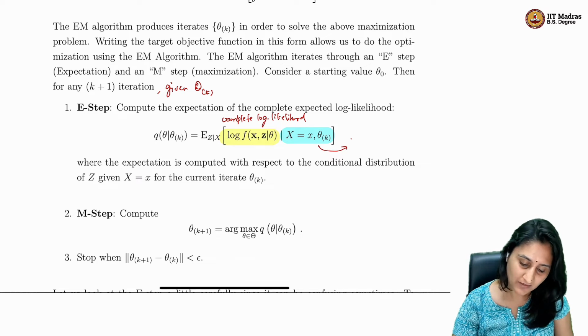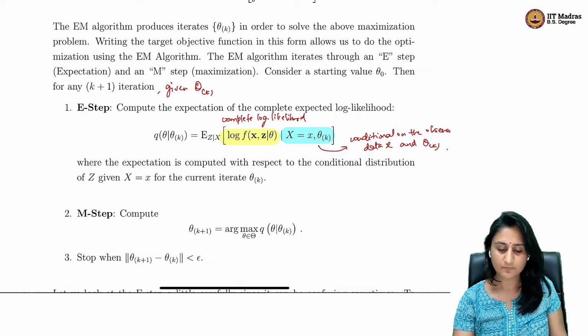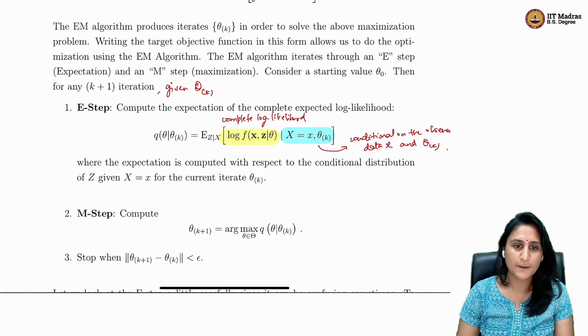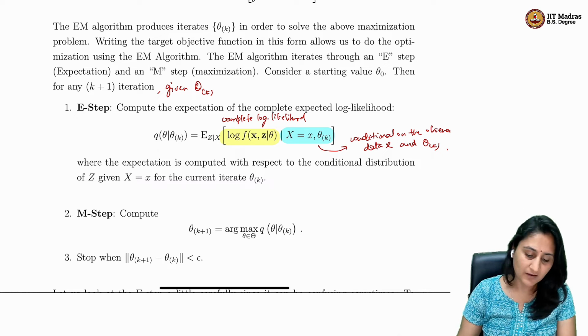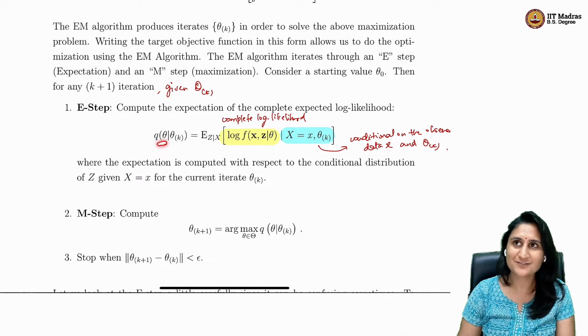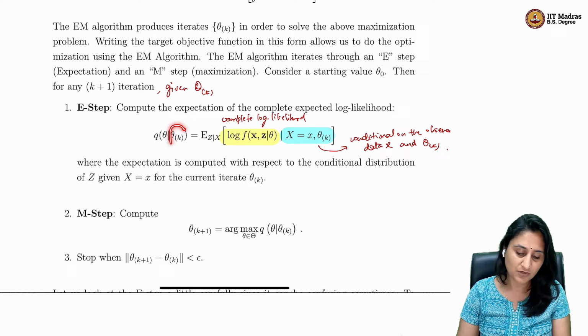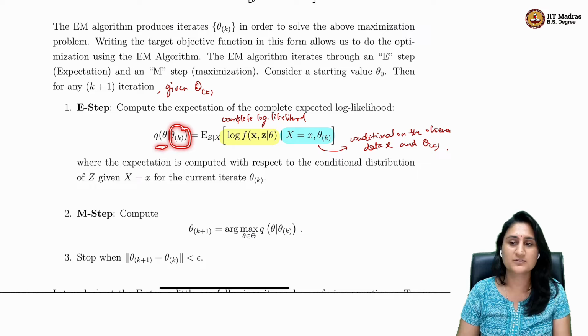So this indicates conditional on the observed data x and the current value of theta k. Okay, and we'll take a closer look at what Q looks like in just maybe a few minutes. Okay, so again, Q of theta given theta k is a function with respect to theta and changes with every iteration. So the shape and style of the function changes based on our previous iteration, and it is a function with respect to theta.